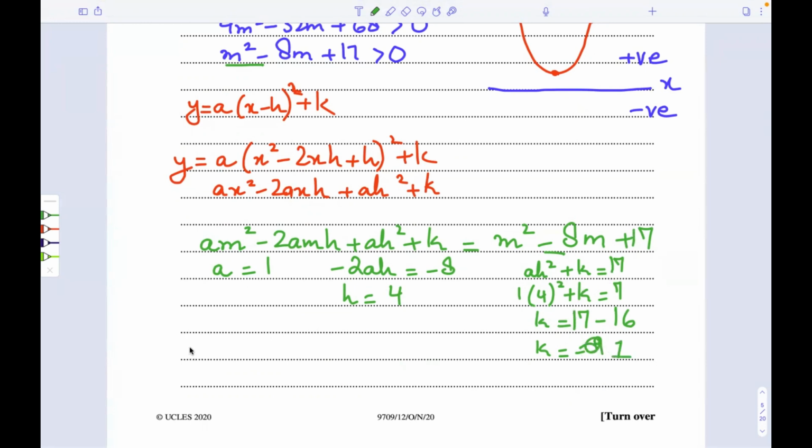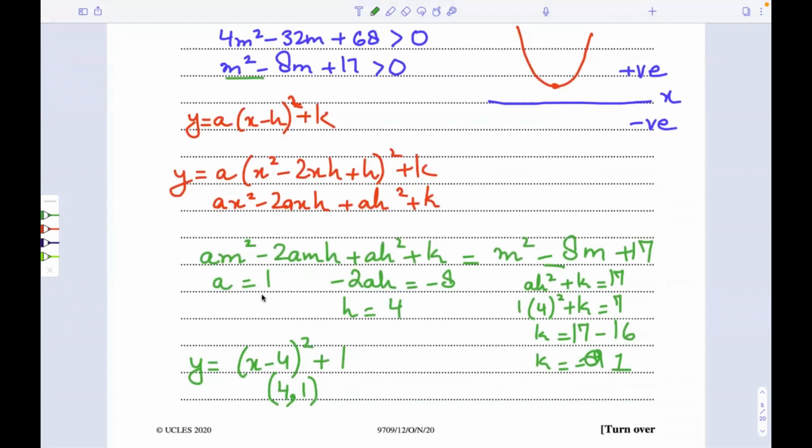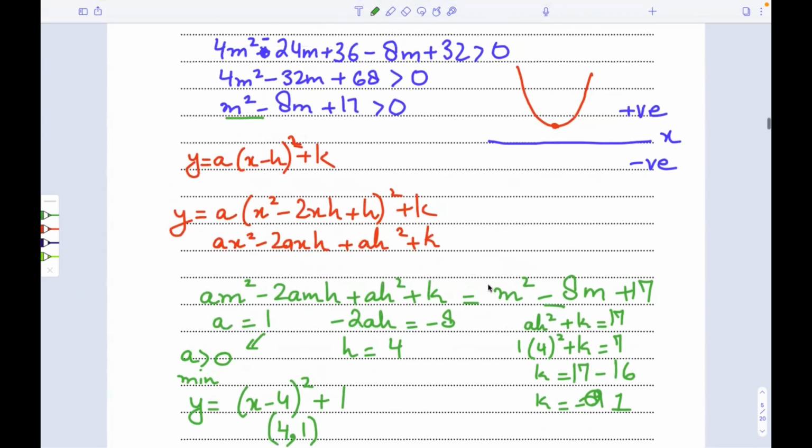Now putting this into the form y equals, we have a as 1, x minus 4 whole squared plus 1. From here we can show that the turning point of this curve is 4 comma 1, which is above the x-axis. So it has a minimum point. As a is greater than 0, the minimum point is above the x-axis.